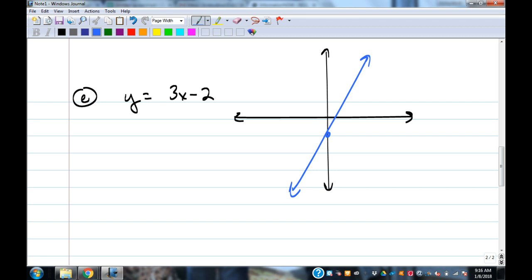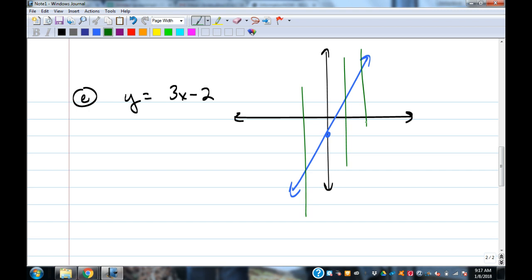So, is there a test to decide if a graph is a function that you maybe have learned in Algebra 1? It's the vertical line test. If we lay a vertical line anywhere on that graph, does it touch it in more than one place?